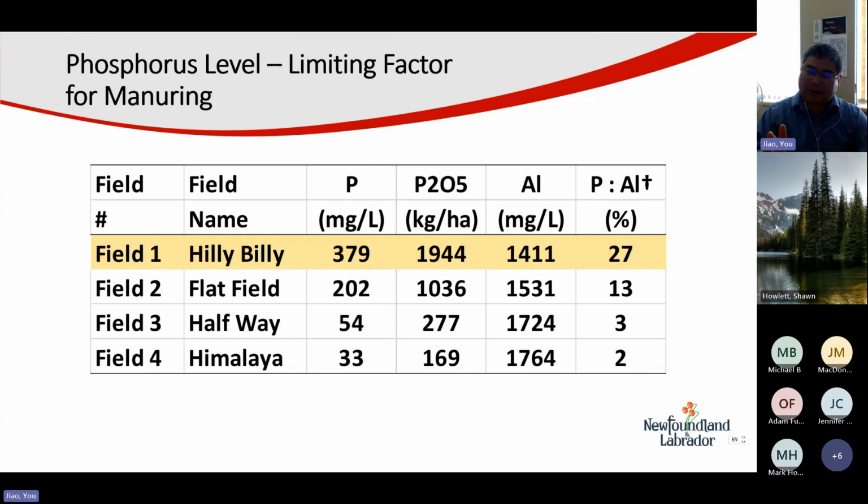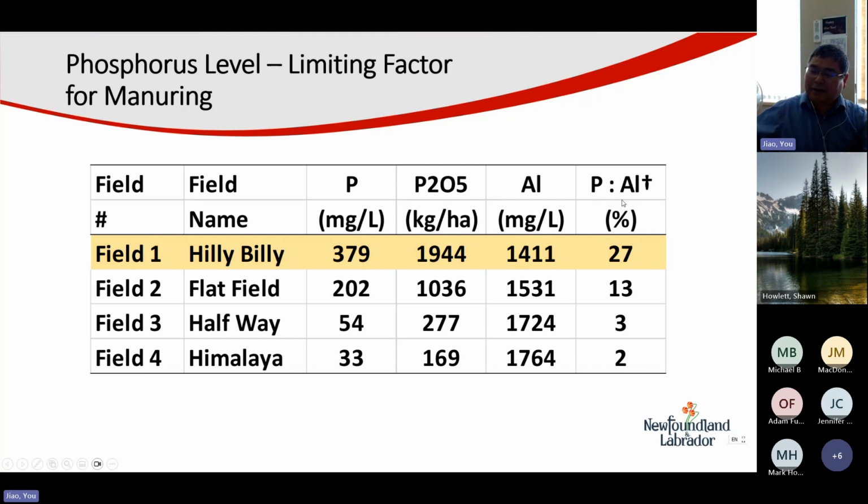If the result comes out with a phosphorus level of, for example, 100, then from the agricultural point of view I don't need to put any phosphorus, as it won't benefit my yield. But from the environmental concern, they might still be able to spread the manure on the land because their phosphorus-aluminum ratio is different.